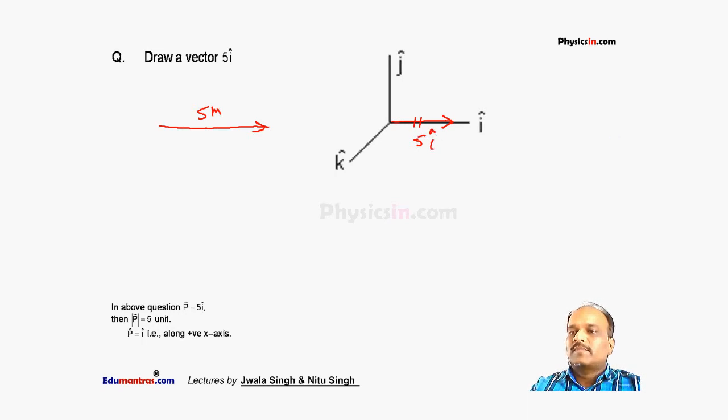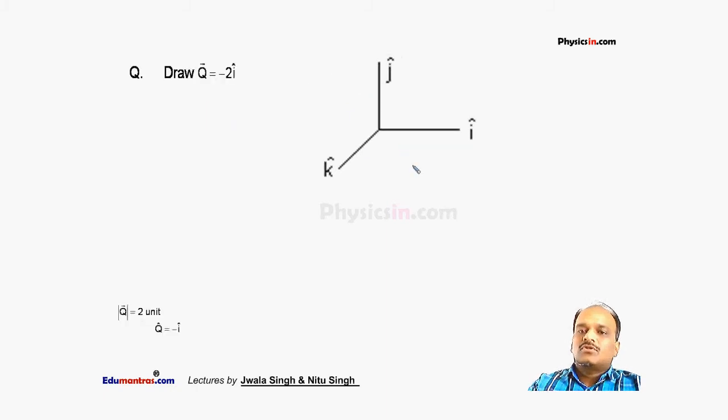So it is 5 I cap. I can also draw this vector here. This is also 5 unit, and its direction is I cap. This is also 5 I cap. Irrespective of position, you have to choose a vector whose direction is along positive x axis and whose length is 5 unit. So this is 5 I cap.